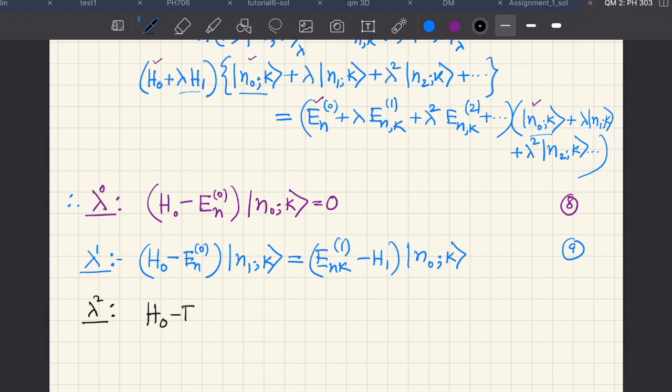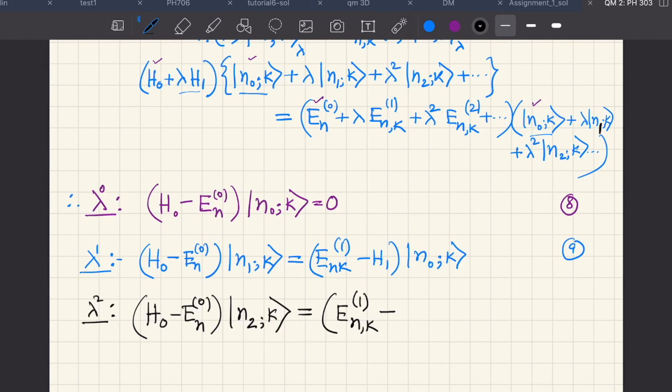So h naught minus en naught on n2k, and on the right hand side we will have enk1 acting on n1k, that is going to give one lambda square order term, enk1, okay, this is n1k, and then there will be one term which is from the left hand side, lambda h1 acting on lambda n1k.